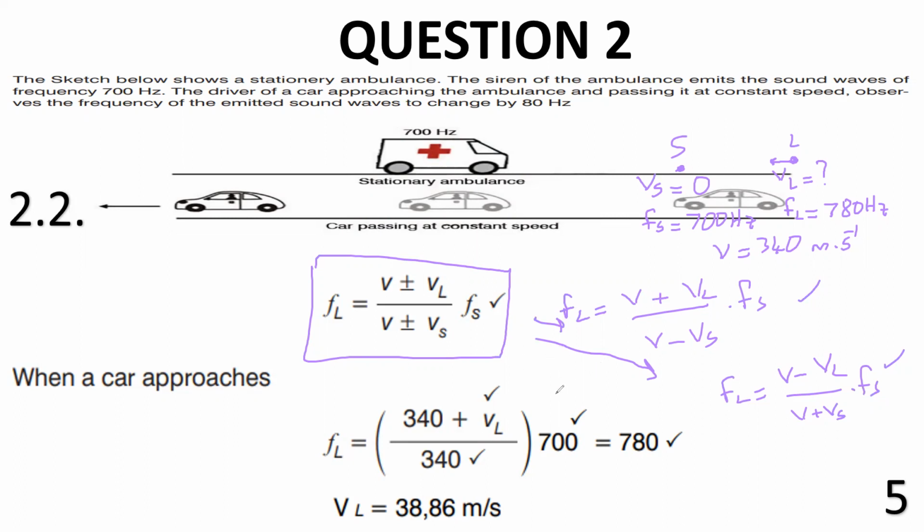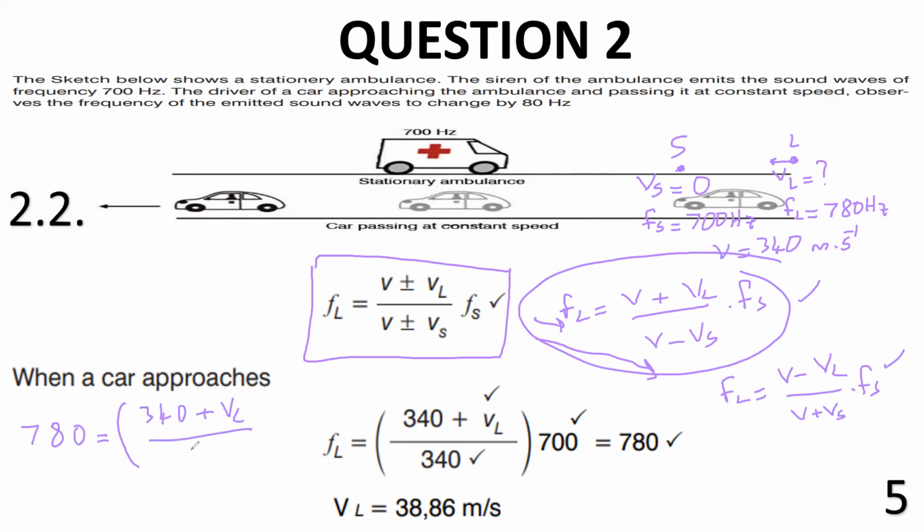So now what we know: FL is equal to 780. Let's write, we are using this formula. 780 equals, for FL, I'm writing 780, and for V, I'm writing 340 plus VL. I'm going to calculate VL. And then 340 minus VS. What was the VS? 0.